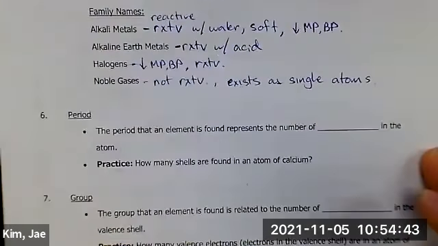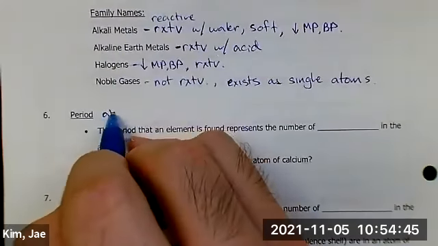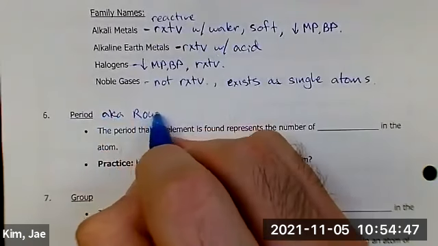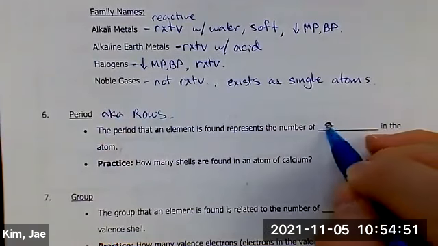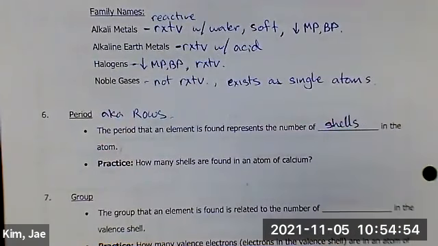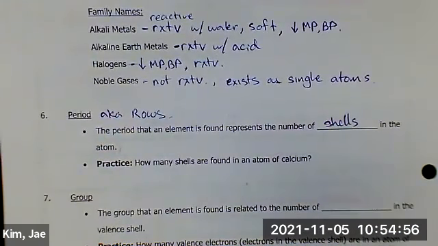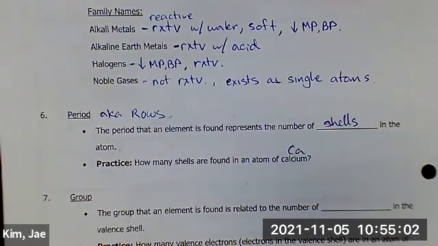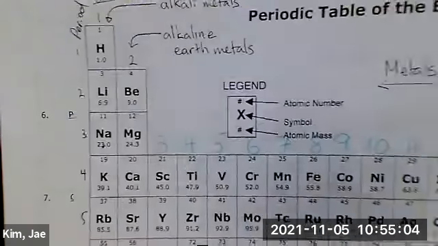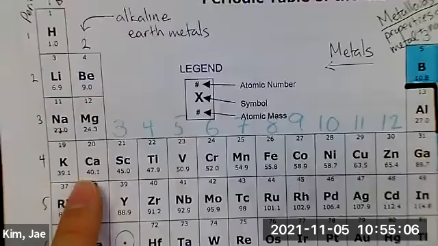Let's move on. Period, aka the rows, right? The period that an element is found in represents the number of shells in the atom. How many shells are found in an atom of calcium? Well, calcium being Ca, if you go here, calcium is found on the 4th period.